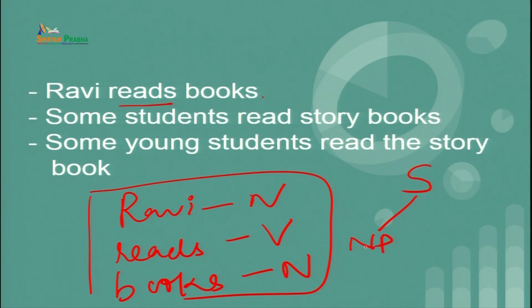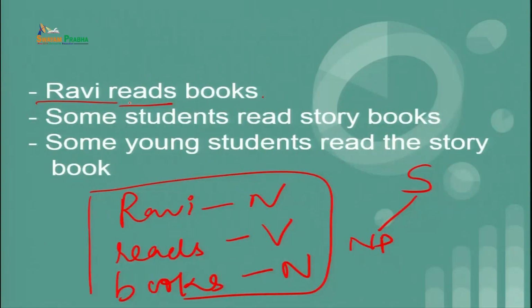And if we look for the noun phrase, it may consist of only a noun, or an adjective and noun, or a determiner and noun. Coming to this sentence, Ravi reads books, there is a noun which we will categorize as a noun phrase, and therefore it is Ravi.